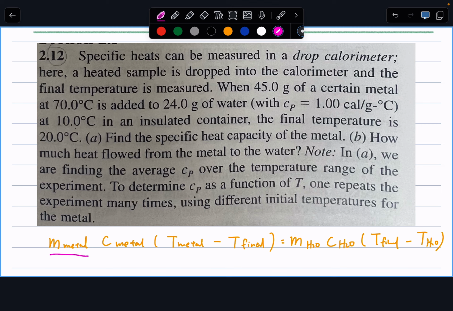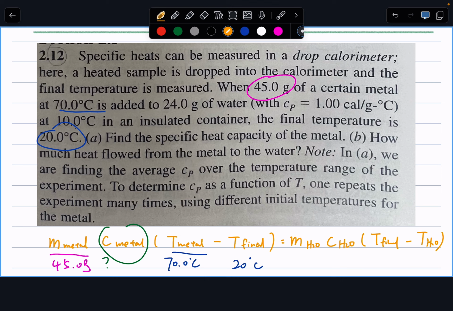Well, the mass of the metal, that's 45 grams. The specific heat of the metal, that's something we're trying to solve. The temperature of the metal is 70 degrees Celsius. The final temperature is 20 degrees Celsius.